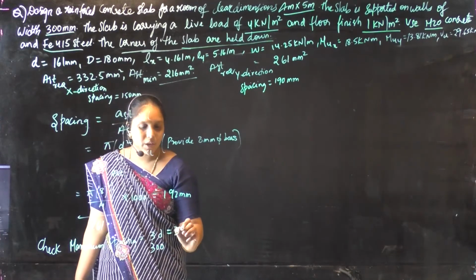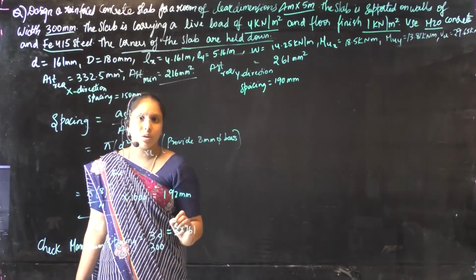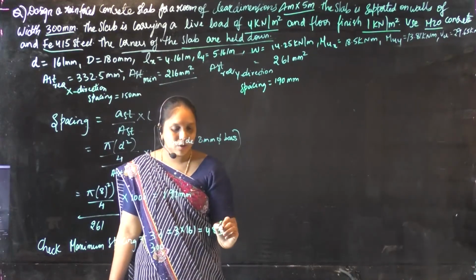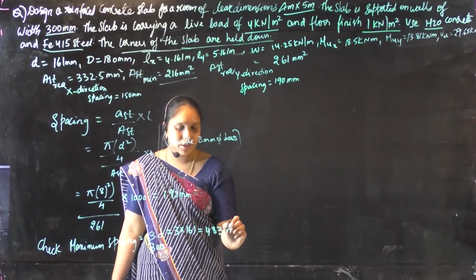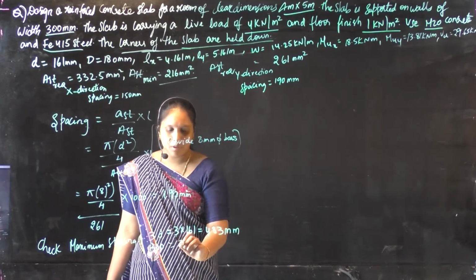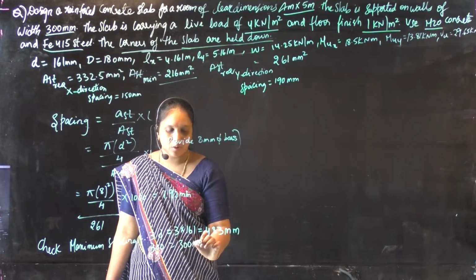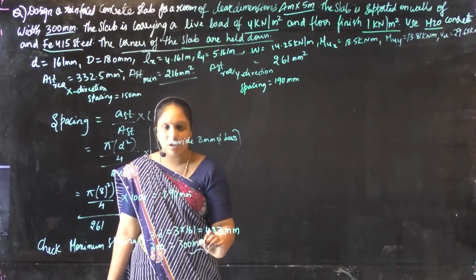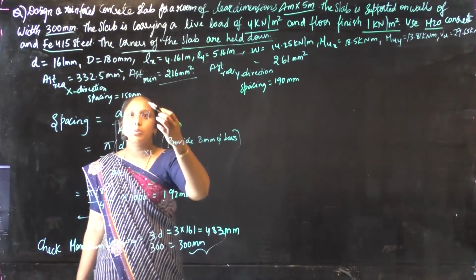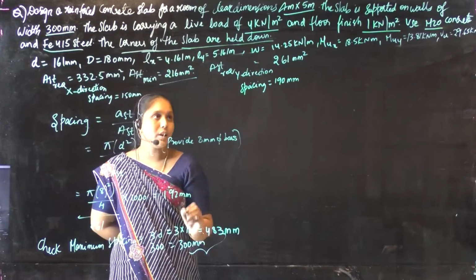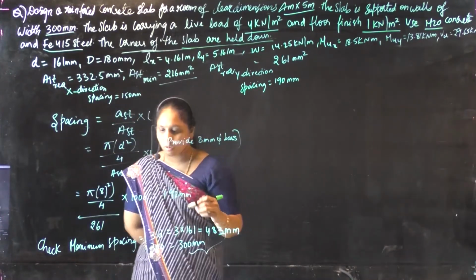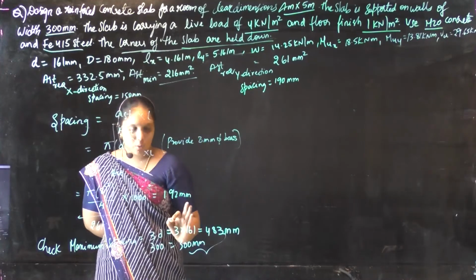So 3 into d, what is d here? It is 161 mm. So it will give you a value of 483 mm, and 300 mm. Out of these you have to consider the least value, and the spacing provided here is 150 mm, which is less than this one, and here the spacing provided is 190 mm. So for this also we have checked. Hence the spacing provided is okay.